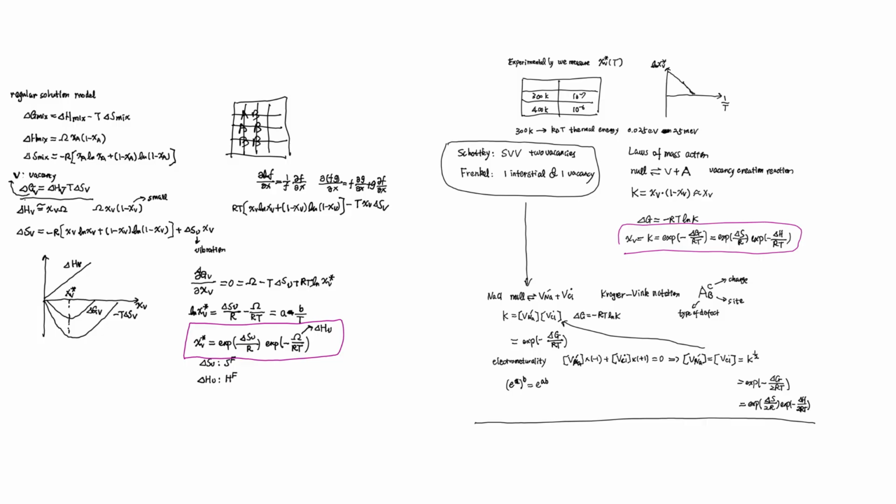So 300 Kelvin is 0.025 eV, or 25 meV, which is a good reference we want to keep in mind as materials scientists. 300 Kelvin is basically 25 meV. So 12,000 Kelvin is going to be 0.1 eV. So 0.7 eV would be 12,000 multiplied by 7.